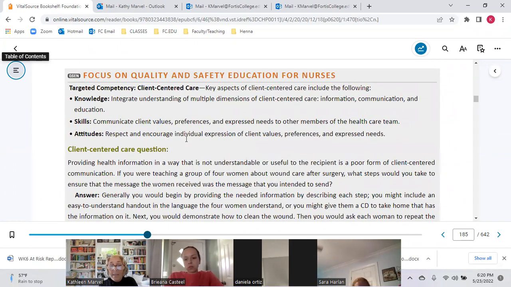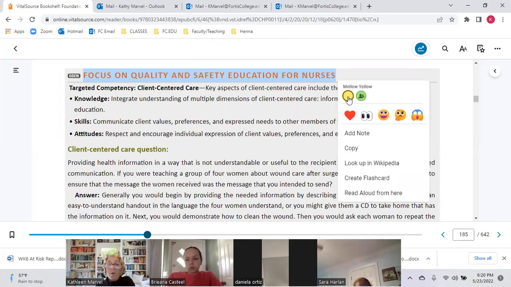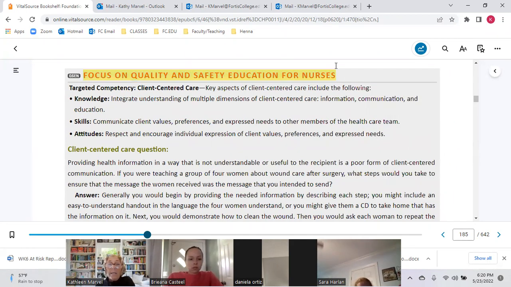Our competency for this chapter, I go over this with my students. There's a QSEN box. QSEN stands for quality and safety education for nurses. In chapter 1, you actually had an exam question in exam 1 about what are these 6 competencies.